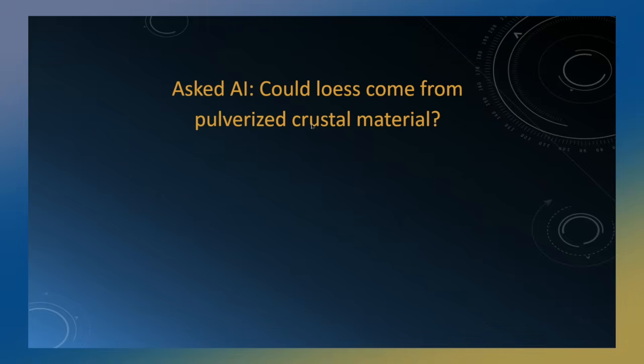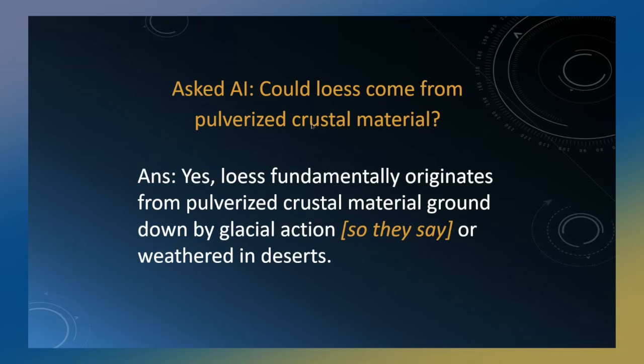So pursuing that further, we asked AI, could LIRS come from pulverized crustal material? The answer is yes. LIRS fundamentally originates from pulverized crustal material ground down by glacial action, so they say, or weathered in deserts.